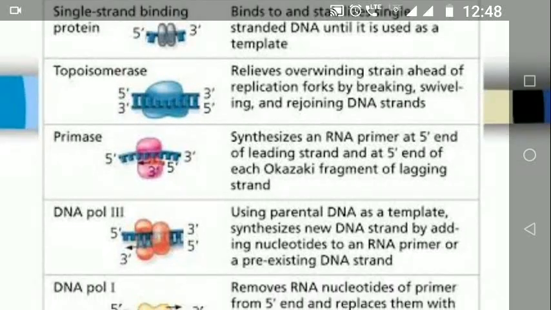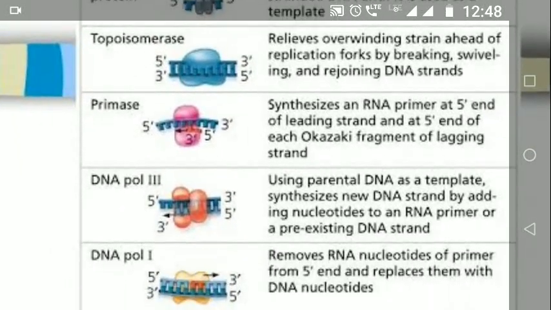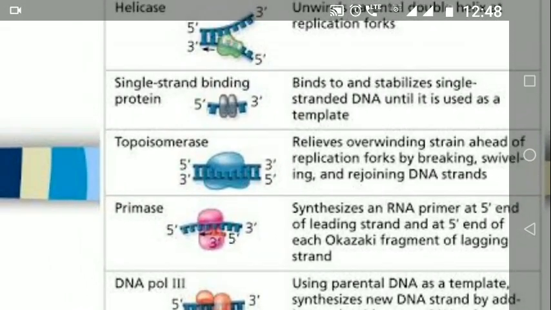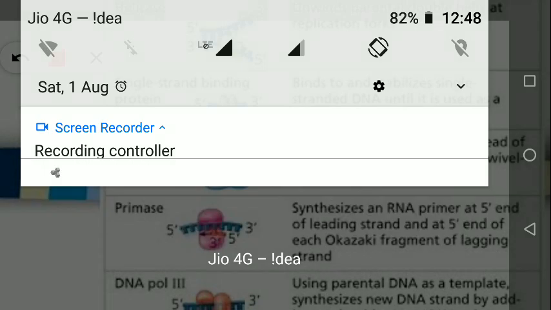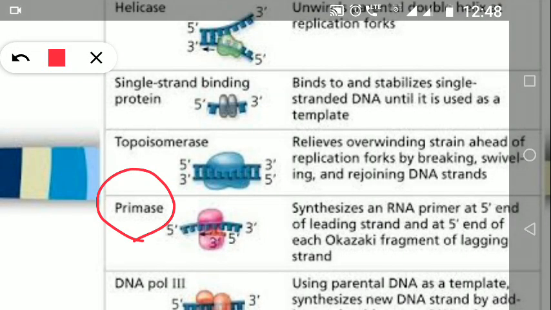And one more enzyme is also there, that is the primase enzyme. This primase enzyme here is nothing but an RNA primase.